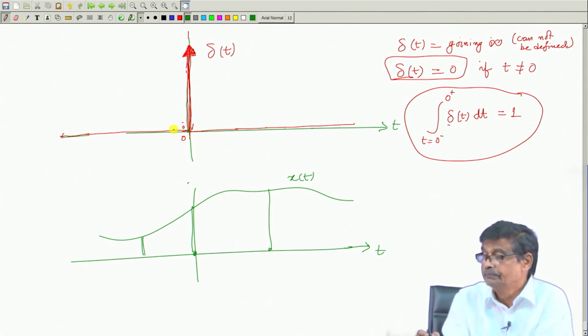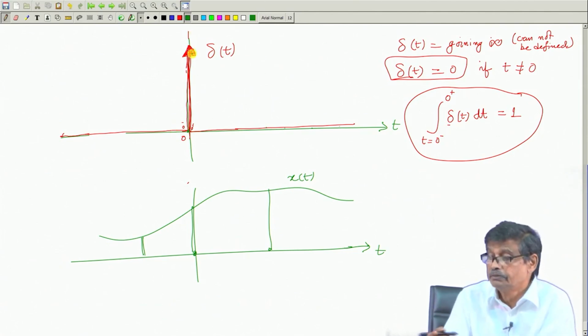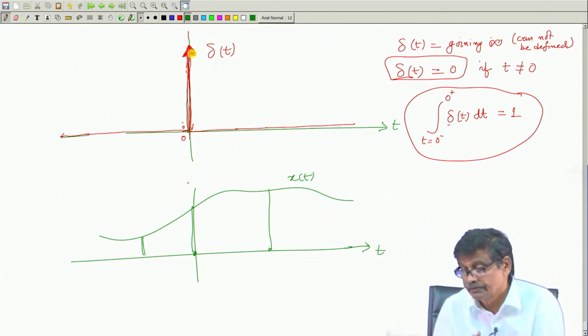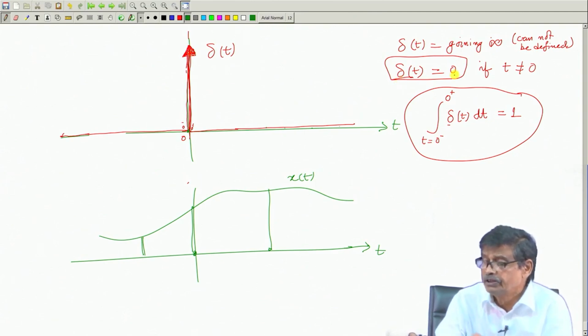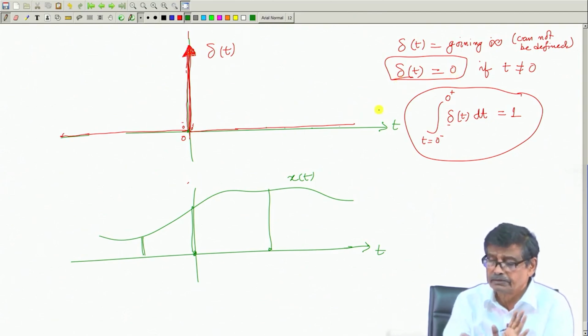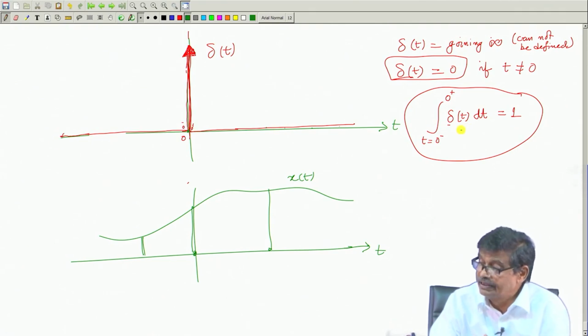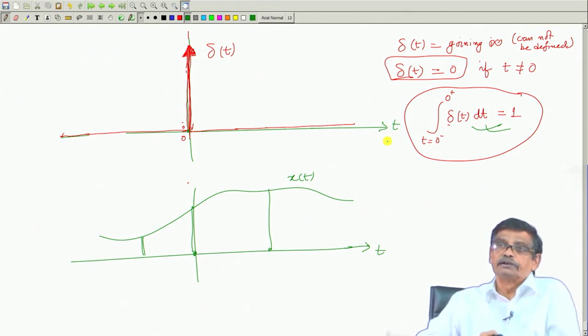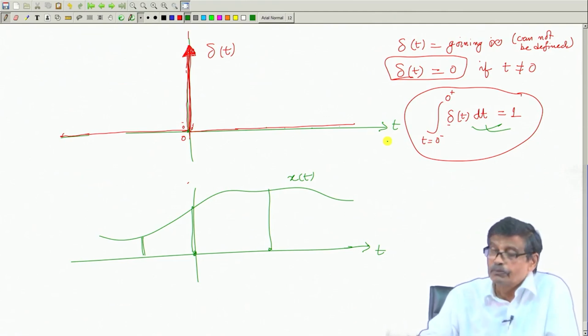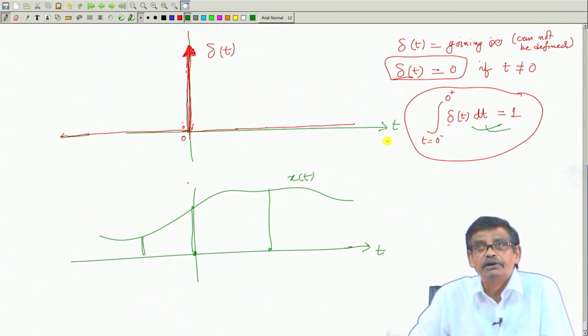What will be the functional value? I cannot say, it is infinitely large. The functional value is 0 everywhere else, for t greater than 0 plus and t less than 0 minus. But this is the useful information: the area under the unit impulse function will be equal to 1.